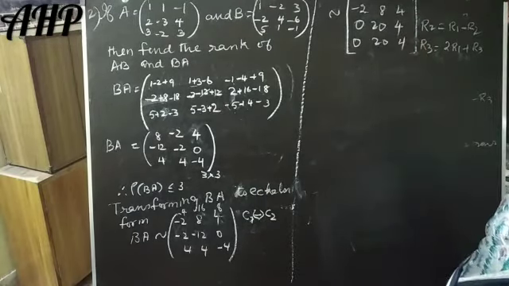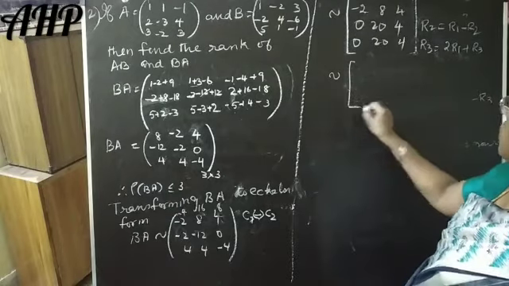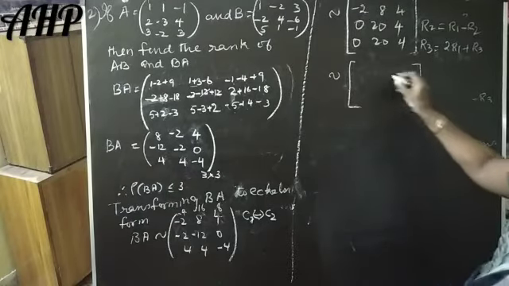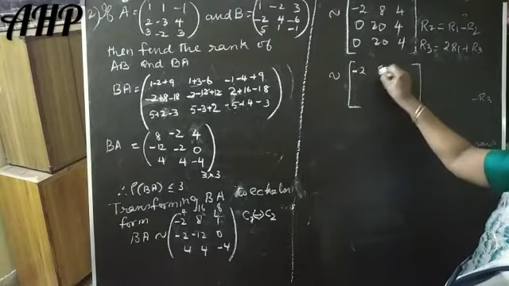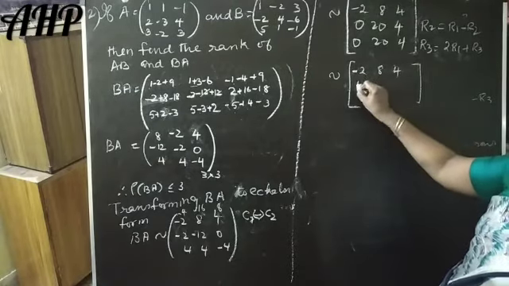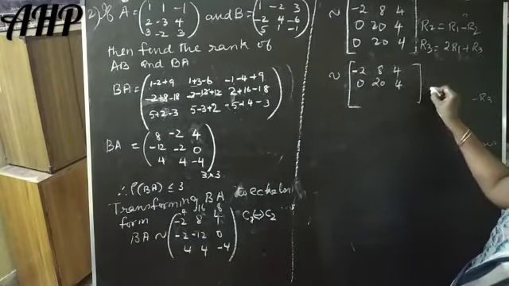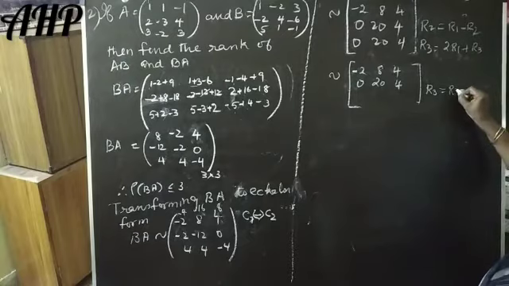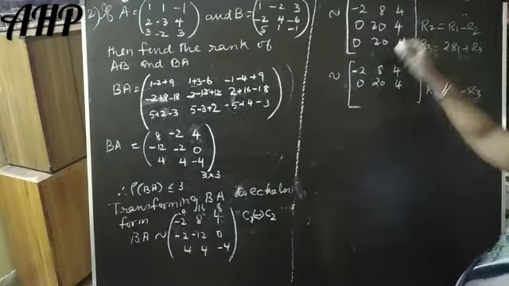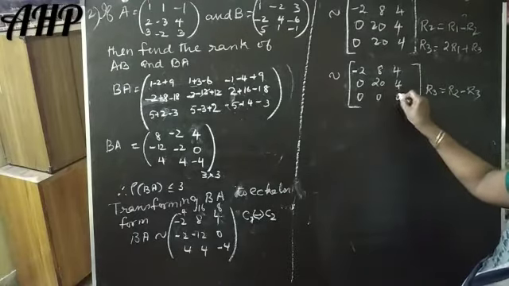Therefore, this is equivalent to, now write the first row as it is, second row as it is, third row R3 is equal to R3 minus R2. Subtract, you are going to get 0, 0, 0.